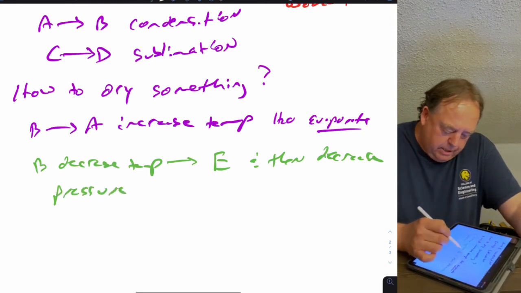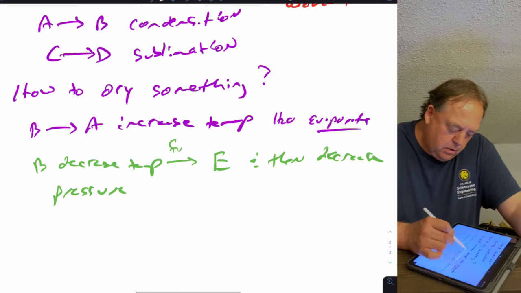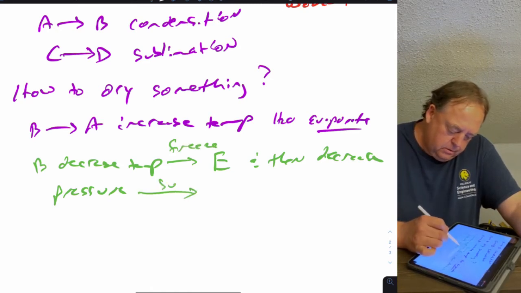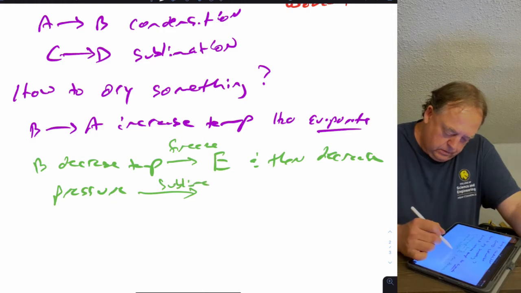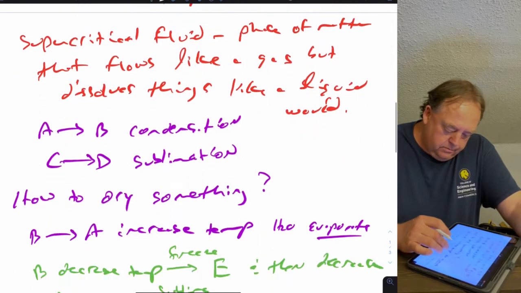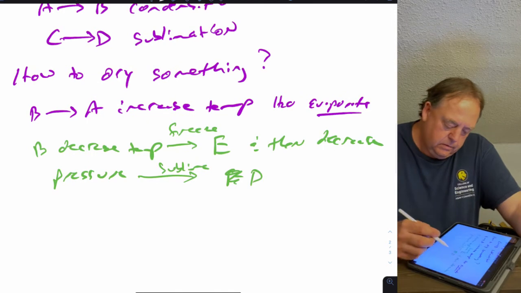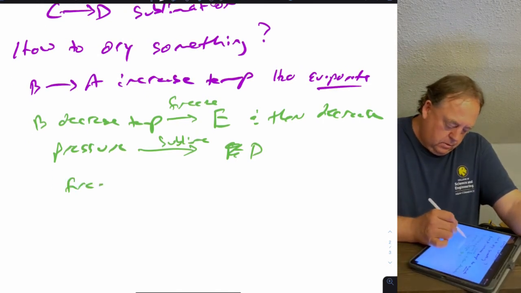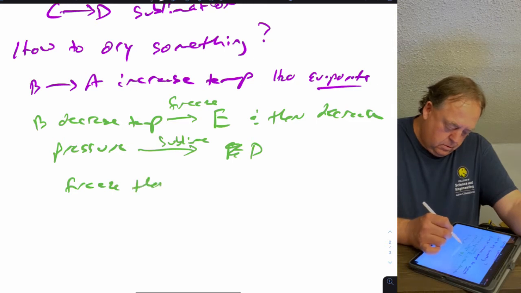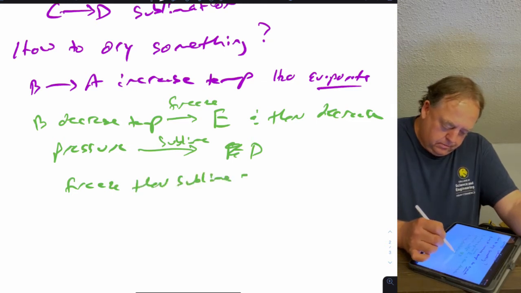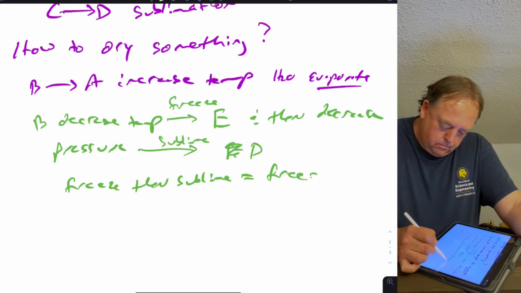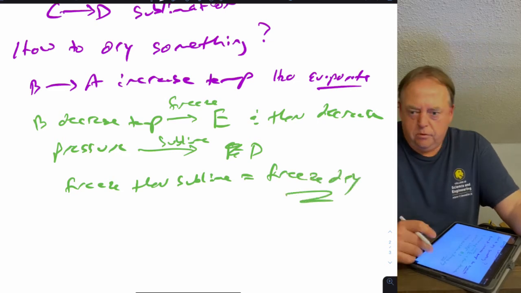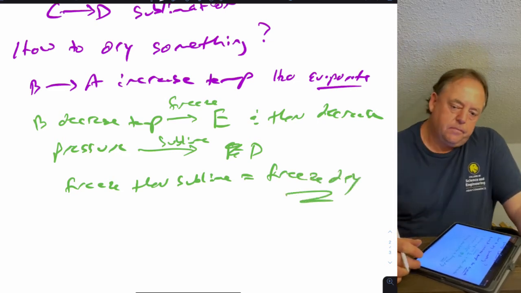So you went from B to E, so basically you freeze it, and then you sublime it. And then now you're at point, we'll say point D. So freeze, sublime, would be what's called freeze dry, how to freeze dry something.